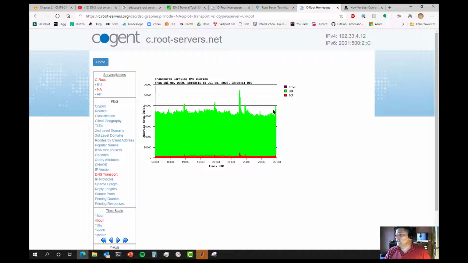So if we multiply that out by the like 68,000 or whatever the number of seconds per day is, it would tell you basically how many queries these things have. And I mean, they're handling a huge amount of traffic. So these root servers are not small, trivial little things. They are literally handling just about every single request on the internet has to go through these in some form or another.